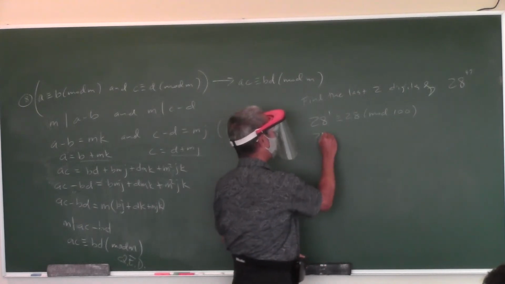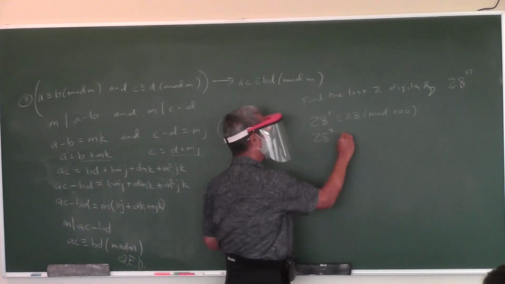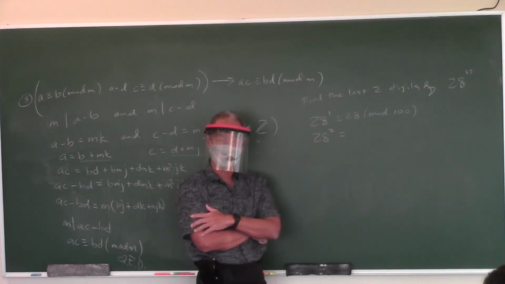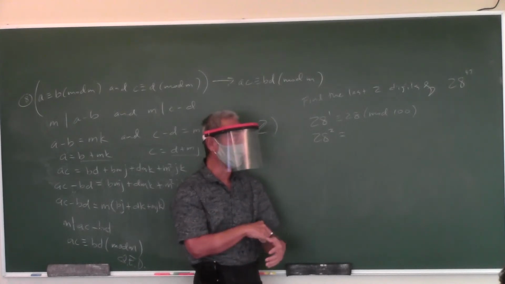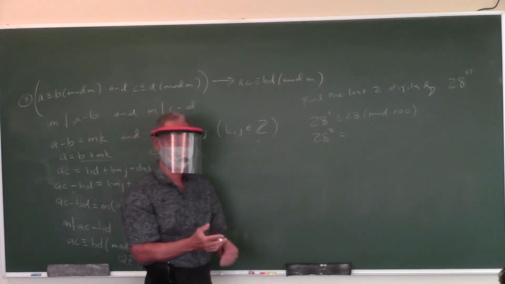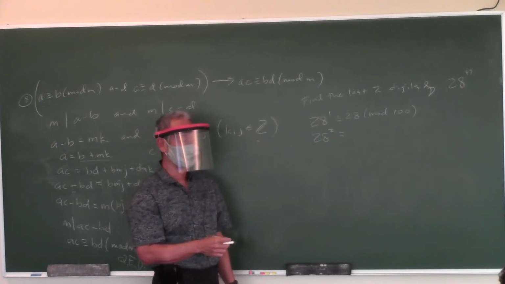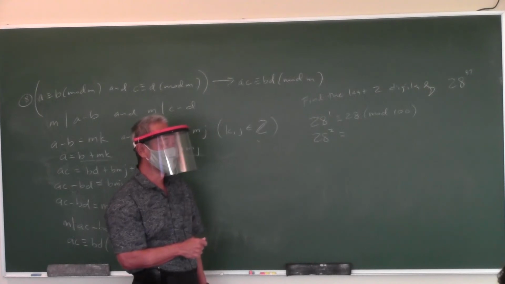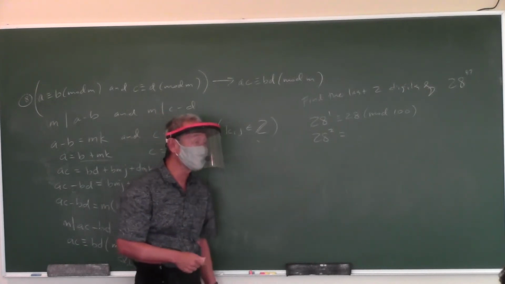Okay, now, what about 28 squared? What is 28 squared? You guys should know your square numbers, right? 624? No, time out. Because 25 squared is 625 already, right? 726? No, 784. You can't use a calculator.